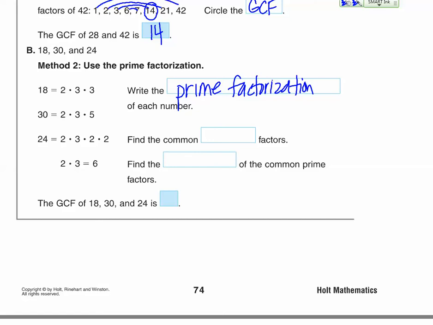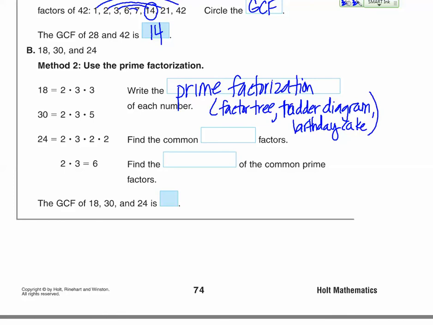Again, this may be through a factor tree, ladder diagram, or birthday cake. You choose. Okay, and again, I'm writing this down. This should also be included in your notes.